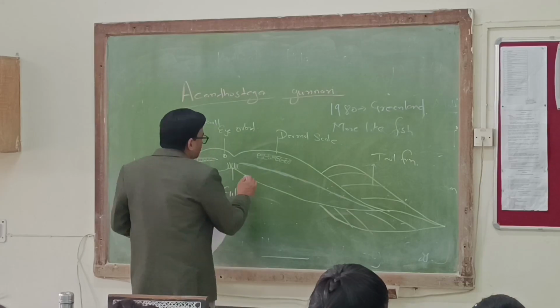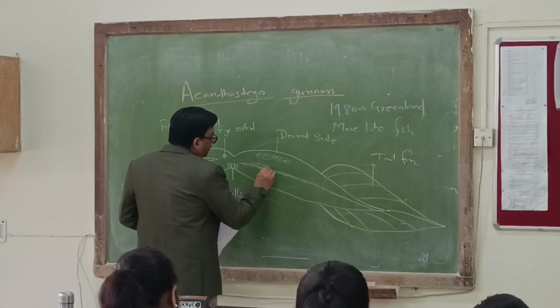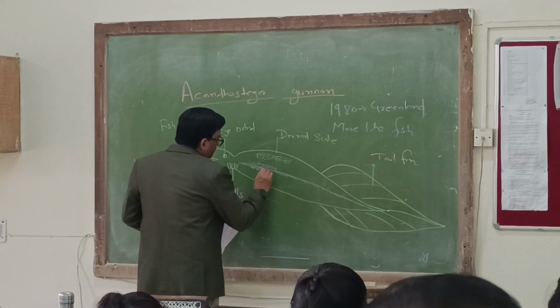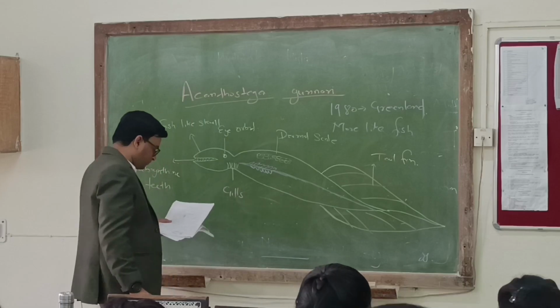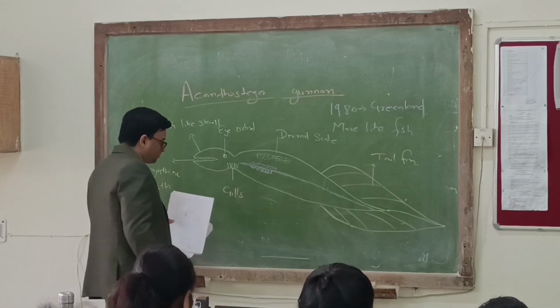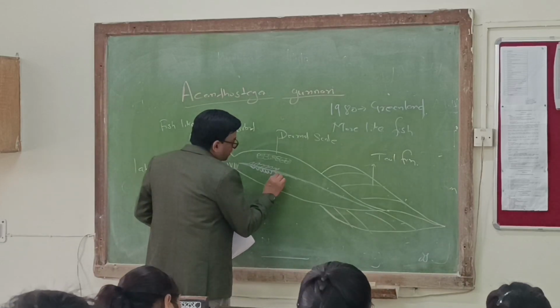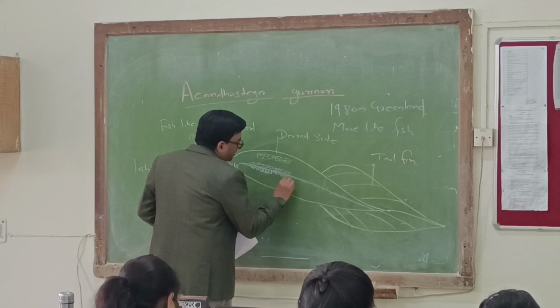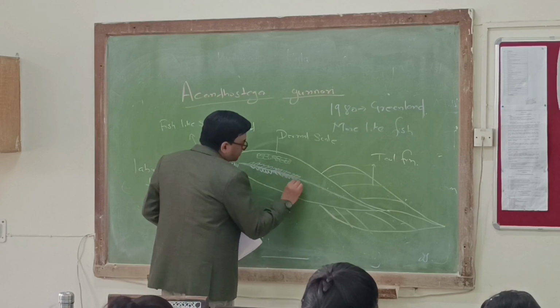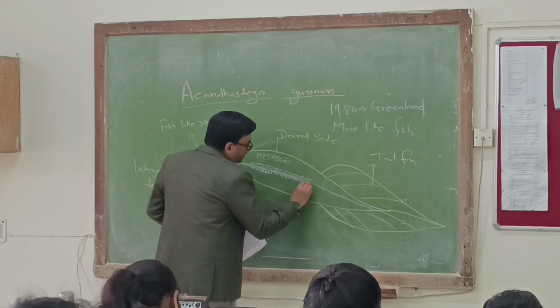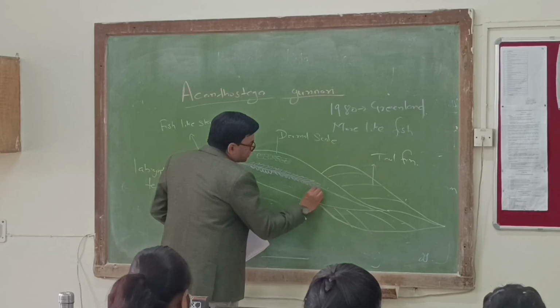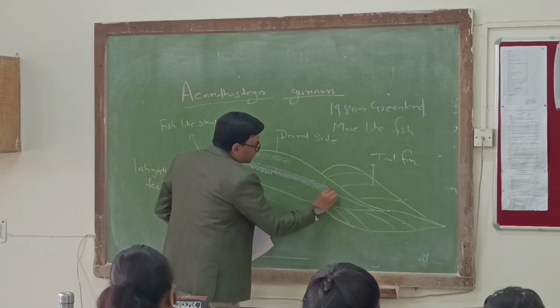Instead, it has ribs in the form of short, sharp and pointed rib-like structures that don't form any rib cage. So that is for sure.